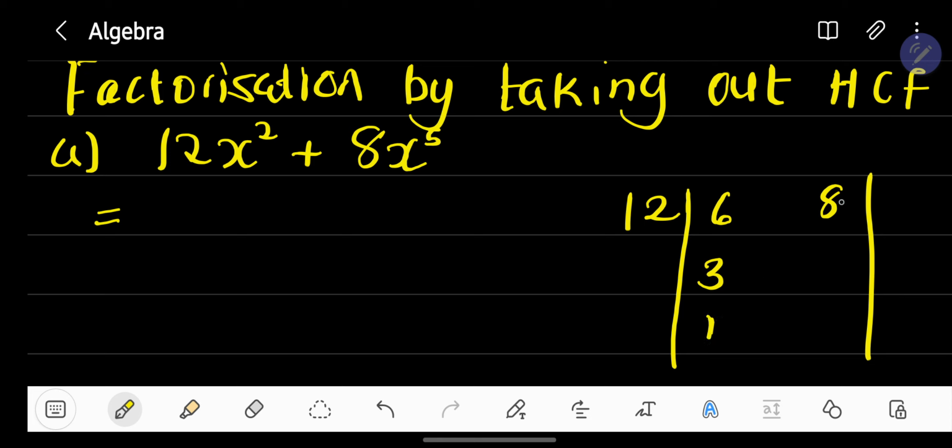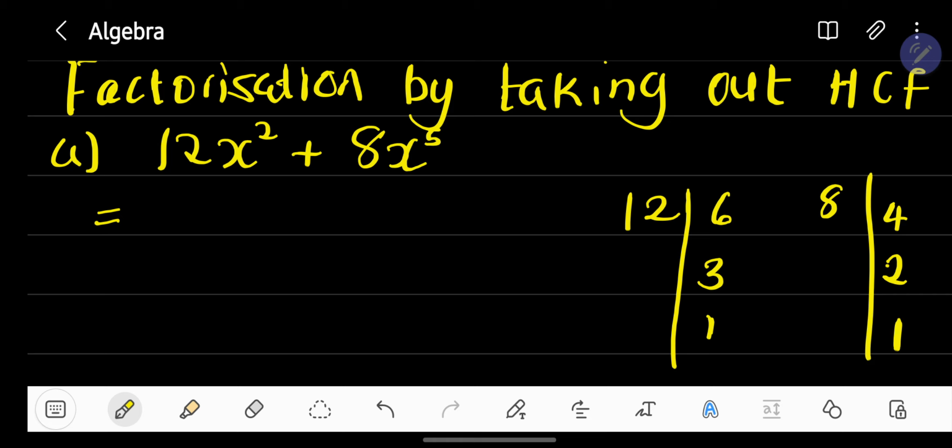Then let's go for 8. 2 goes into 8 4 times, and then 2 goes into 4 2 times, and then 2 goes into 2 once.